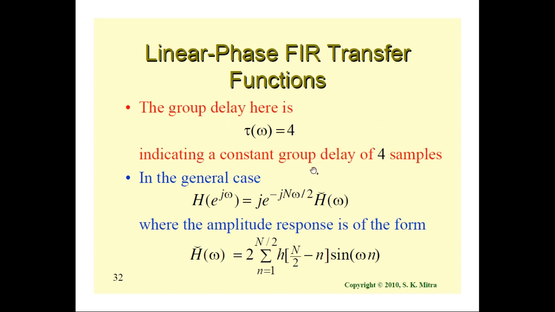So if a signal is passed through a type 3 FIR filter, it will produce a delay of 4 samples. Here we can see that the generalized amplitude response of a type 3 FIR filter is given by this equation, where you can replace capital N with an even value and compute it for any order.